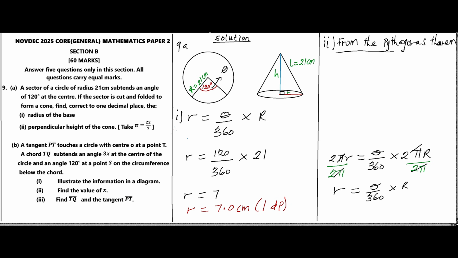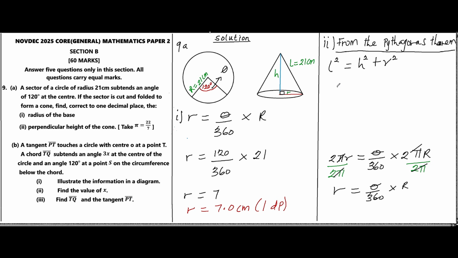The theorem says that in a right angle triangle, the square of the longest side, in this case the hypotenuse, which is also the slant height, should be equal to the sum of the squares of the other two sides. So these are the other two sides. So h squared plus r squared.